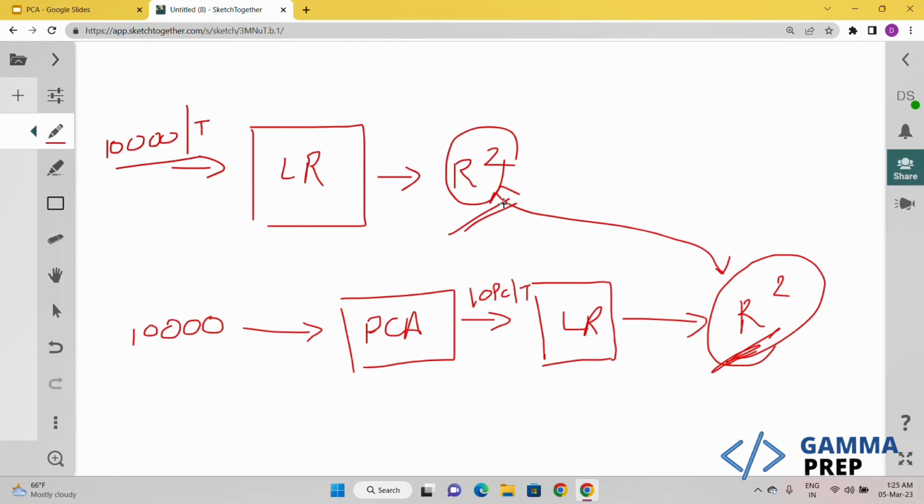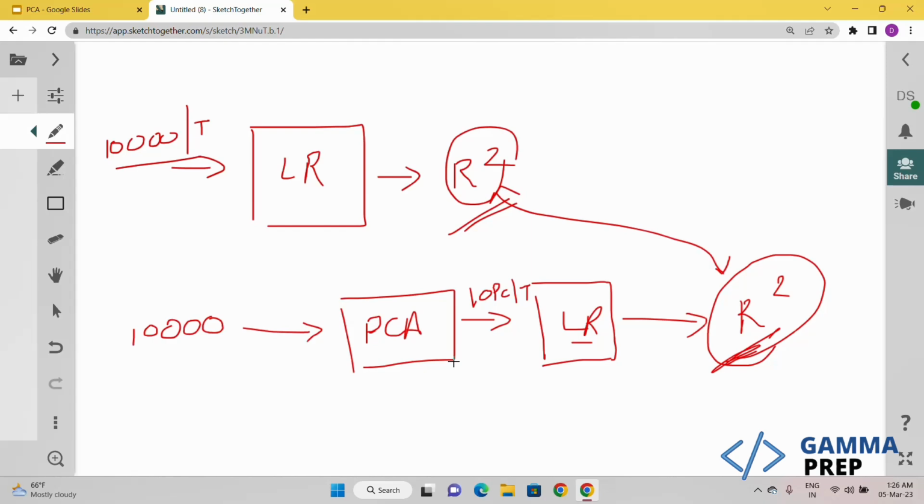Okay, and PCA is generally used as one of the pre-processing techniques, and it is used before you actually build your model. For example, here we were building linear regression, right? So it is generally used as a pre-processing step to reduce the number of dimensions, and after that, you build the model that you want to build.